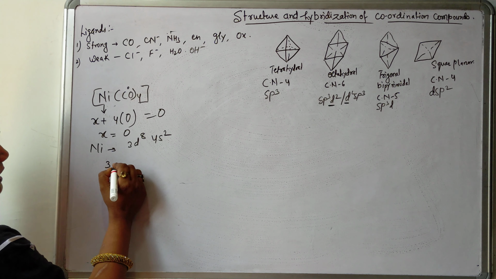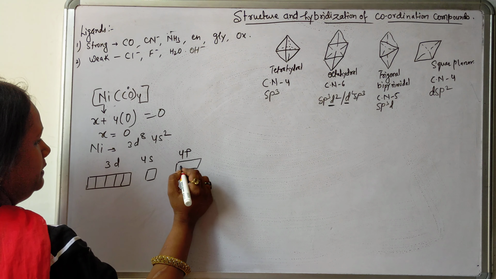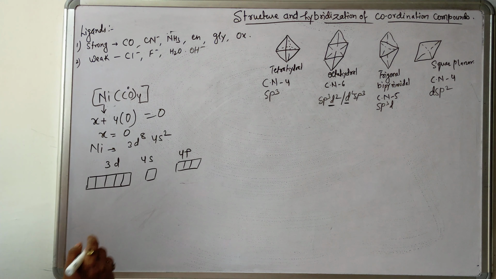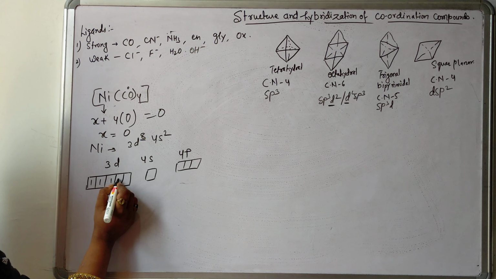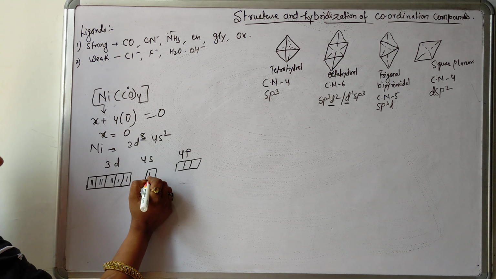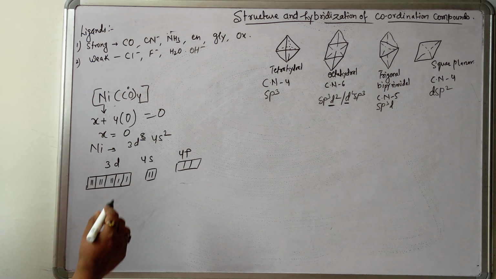In 3d there are 5 orbitals, then 4s and 4p. In 3d there are 8 electrons, 1, 2, 3, 4, 5, 6, 7, 8, and 4s2.